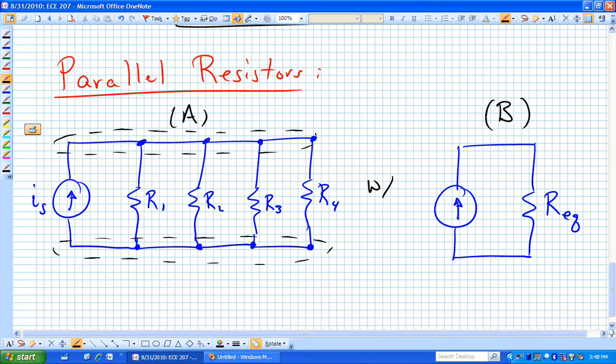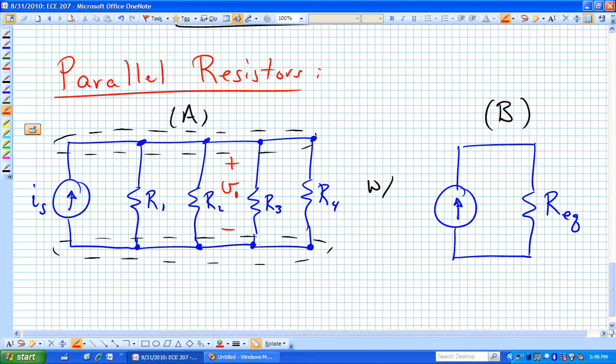And typically we use the bottom node as our reference node, and we will reference the voltages relative to that bottom node. Meaning, if we can now identify that voltage, let's say it's V sub 1, that V sub 1 voltage is the same across R1, R2, R3, R4, and across the current source.